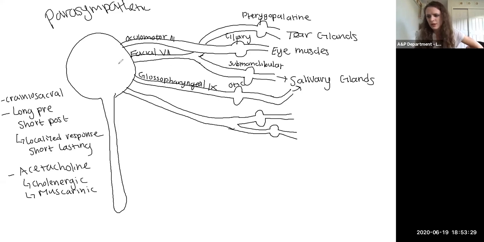There we go. Okay, so this is vagus nerve 10. Okay, to make it easy, this one, its ganglia are called the same thing, which is nice. Intramural. They're both called intramural, but they go to different places.